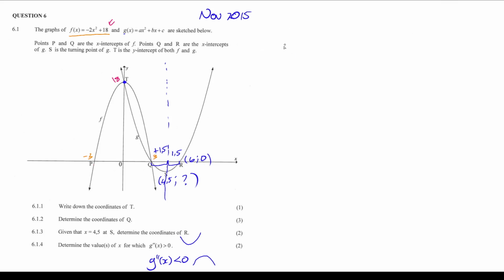You could just have said, for 6.1.4, x is an element of R. Or, like I said, x is an element of negative infinity to positive infinity, because it's always a happy face. Boom! We did it!